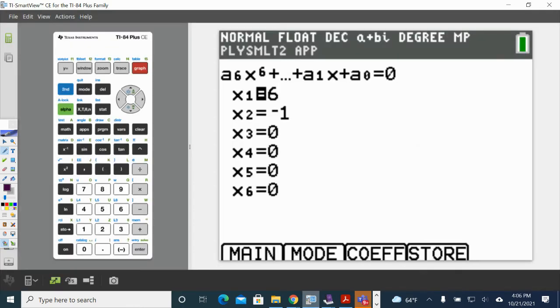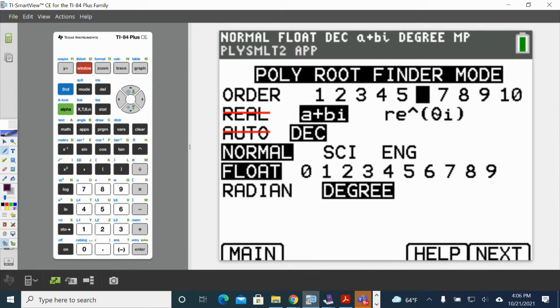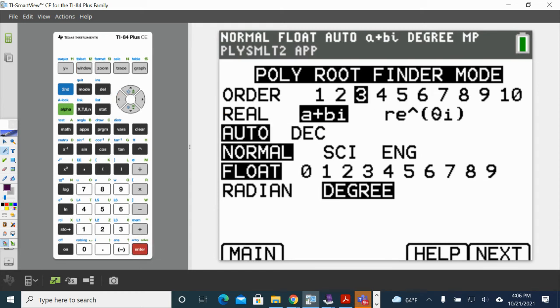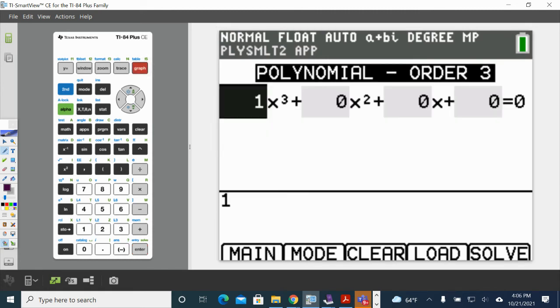Going back to Polysimulator, I'm going to click on window, which is mode, so I can change my degree. The degree on this one is a 3. Again, making sure in your calculator that the a plus bi is always selected. I'm going to click next.